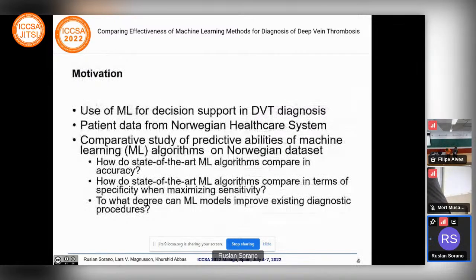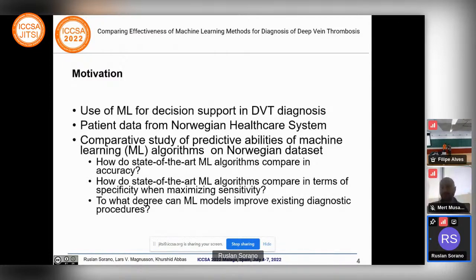So it's not the first attempt to use machine learning for decision support in vein thrombosis diagnosis, but we tried to apply it to Norwegian healthcare system patient data. It's one of the first attempts, I believe. So we have two major questions.